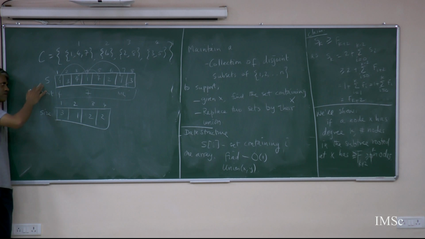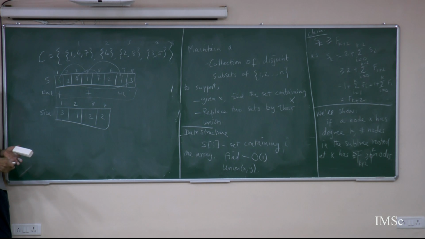If I store the next and the size and this S array, the find cost doesn't change, because you just go to S of x and you get that in constant time. But now if I want to merge two sets, you can spend time proportional to the smaller set size.